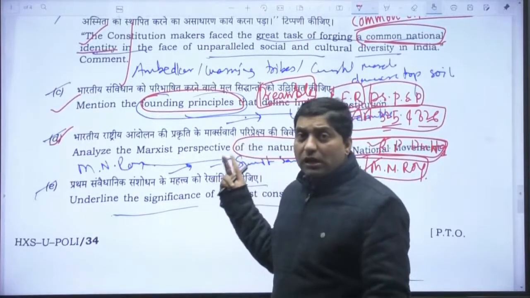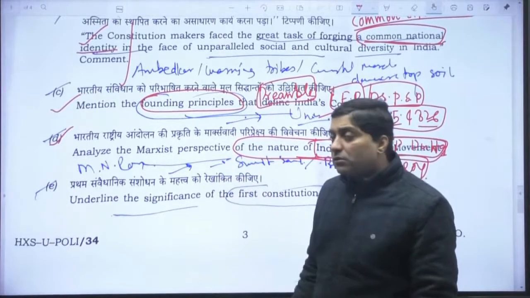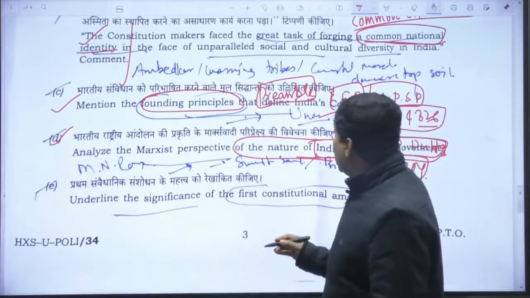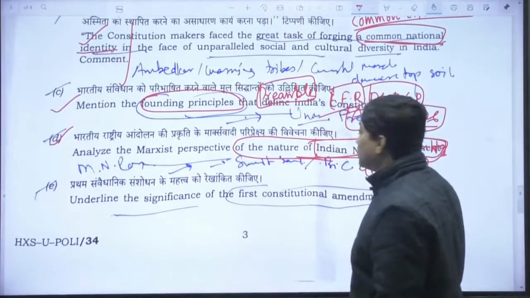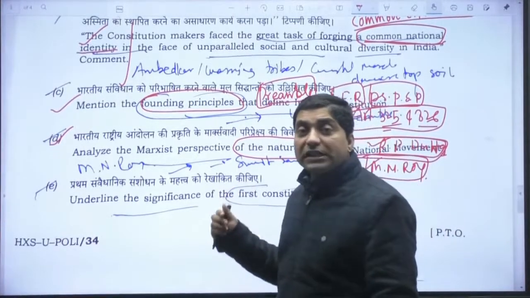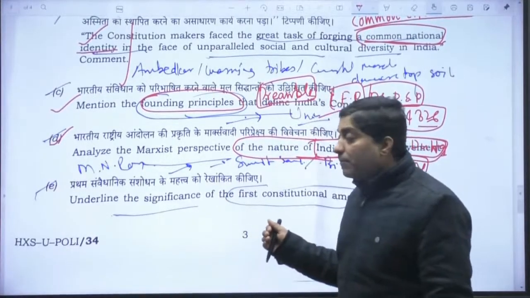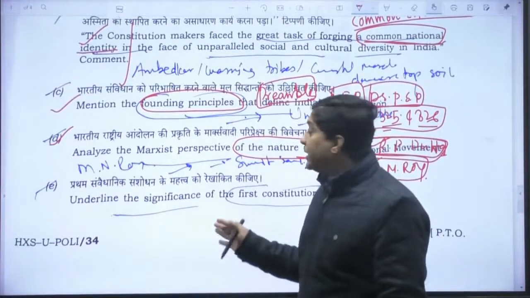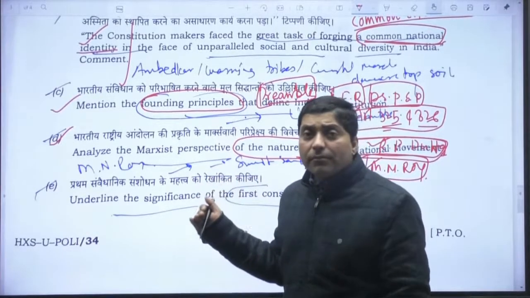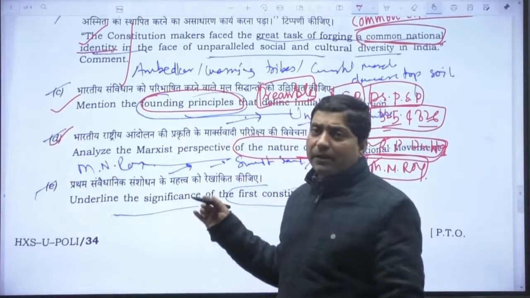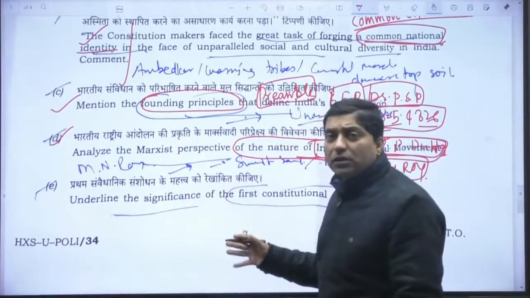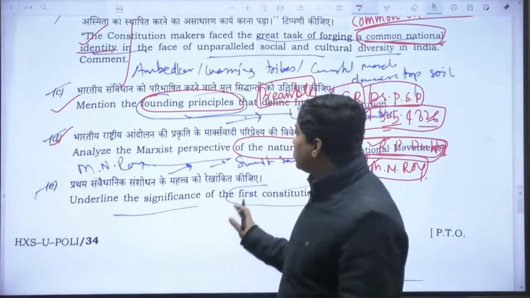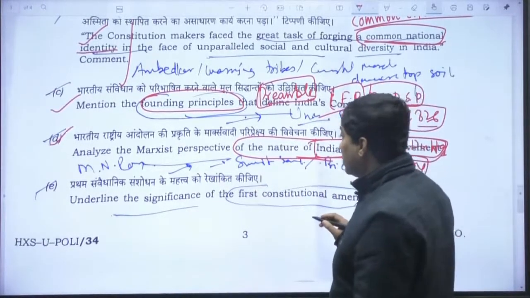The interests of the upper two classes were different from the third class, the peasants and workers. So in the national movement, the leadership provided by Gandhi served the interest of only the upper middle class, the smaller middle class and petty intellectuals, and they left the peasants and workers on their own. So that is the Marxist perspective.